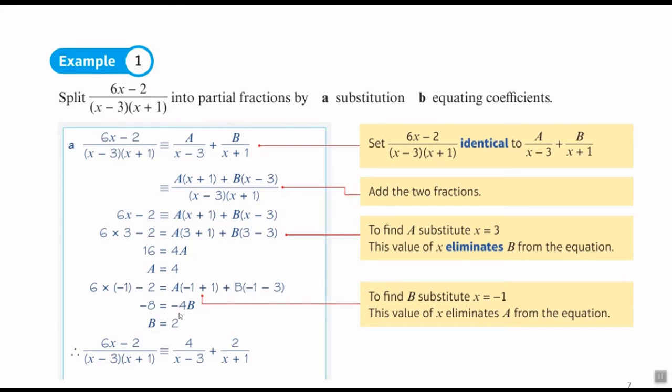Divide both sides by minus 4, you will get b equal 2. Then use this first identity, substitute the values a and b. So you will get a equal 4 and b equal 2. This process we call splitting into partial fractions.